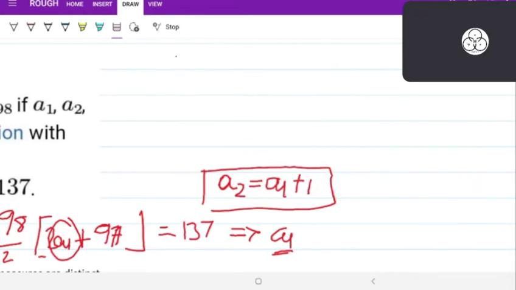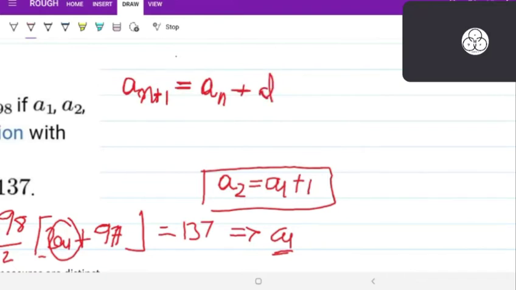So what is the recursive form? I'm just telling you that a(n+1) equals an plus d.